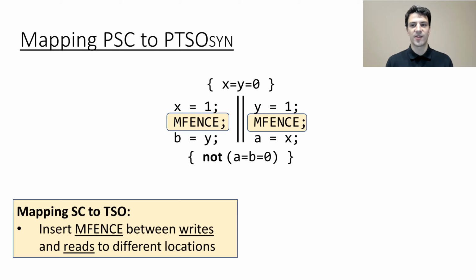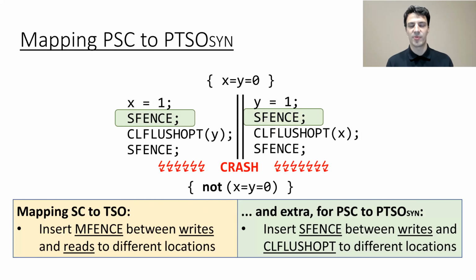And then this way, we would conservatively take care of data races. So the compilation scheme that we propose for PSC to PTSOSYN is similar in that we take this example of writes and flushes, and we conservatively insert a store fence between writes and CO flush opt instructions to different locations. So in the example from before, I would take the write to x and CO flush opt to y, and I would put a store fence between these two instructions.